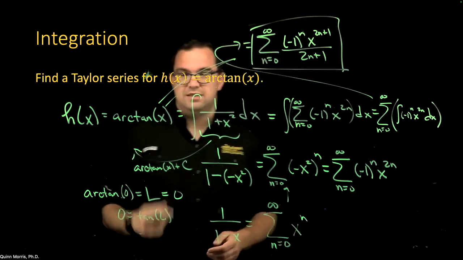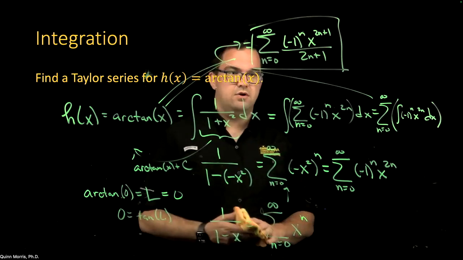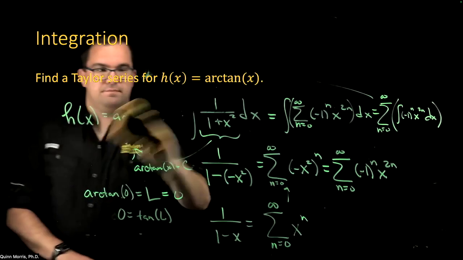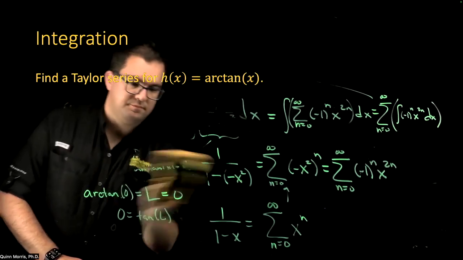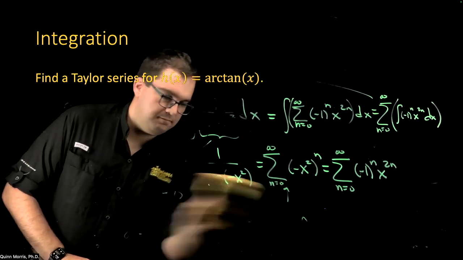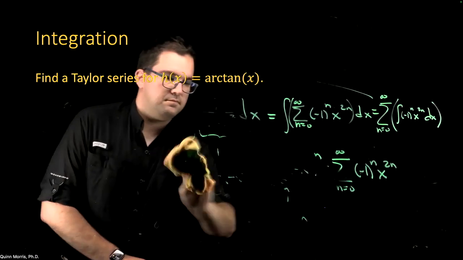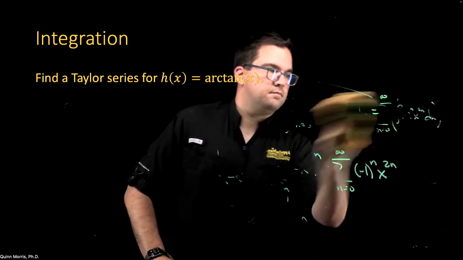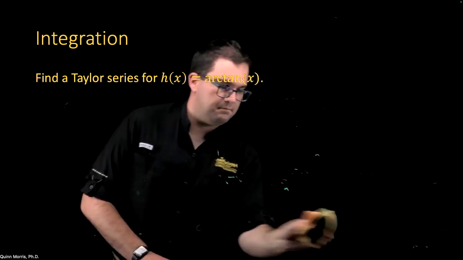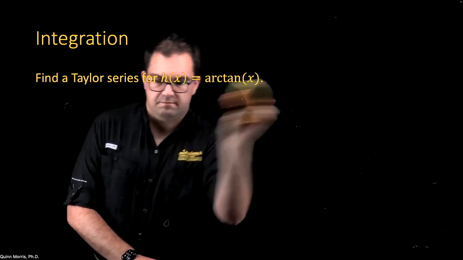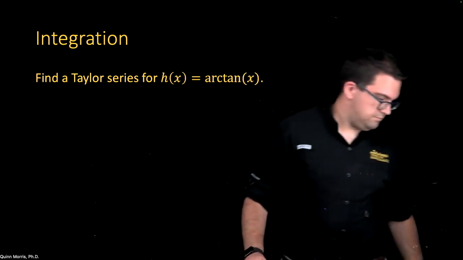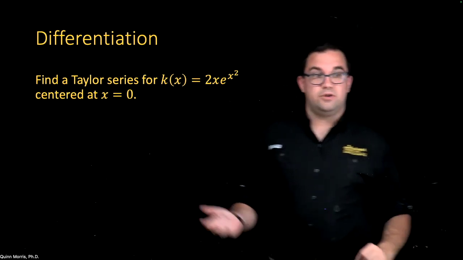We use that Taylor series to then find the Taylor series for its antiderivative, arctangent of x. Okay, we can do it with integration.